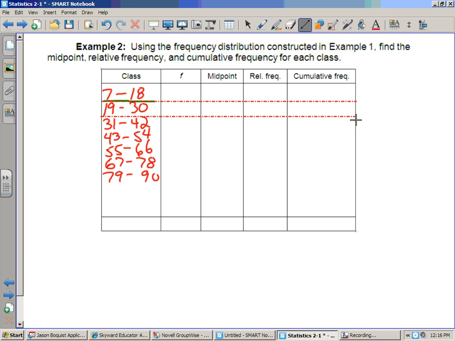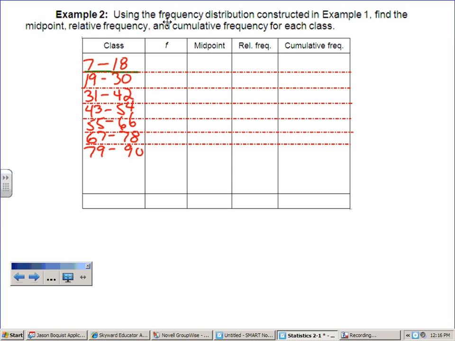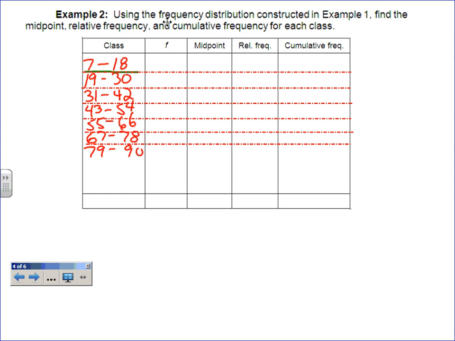That'll give me something to do while you guys are writing down those numbers. Actually, I should have done a better job than that too, but oh well, we'll deal with it.